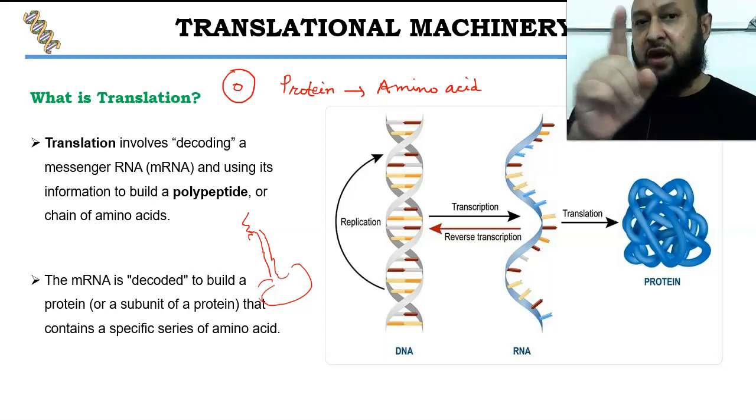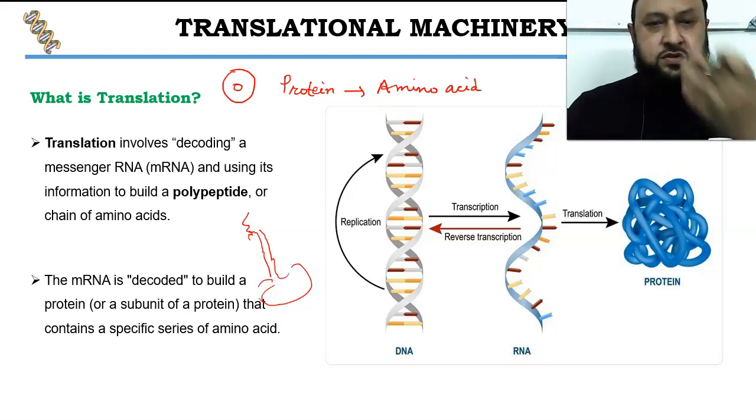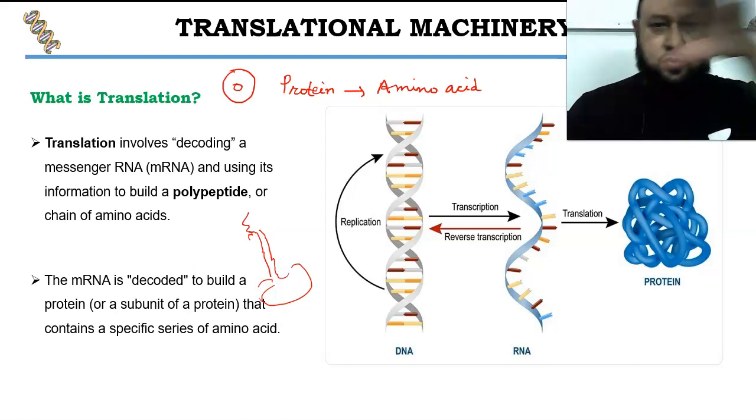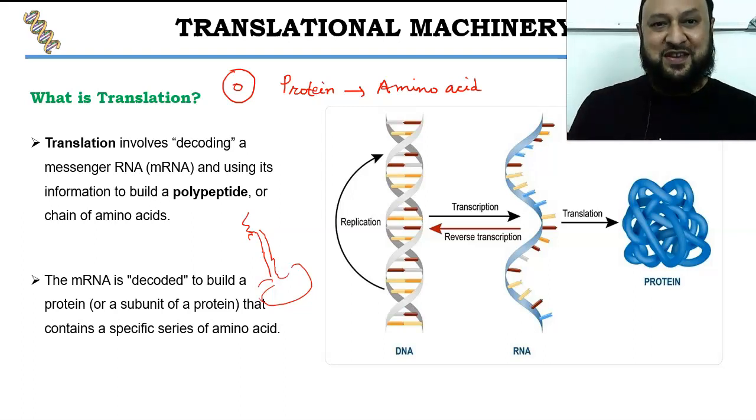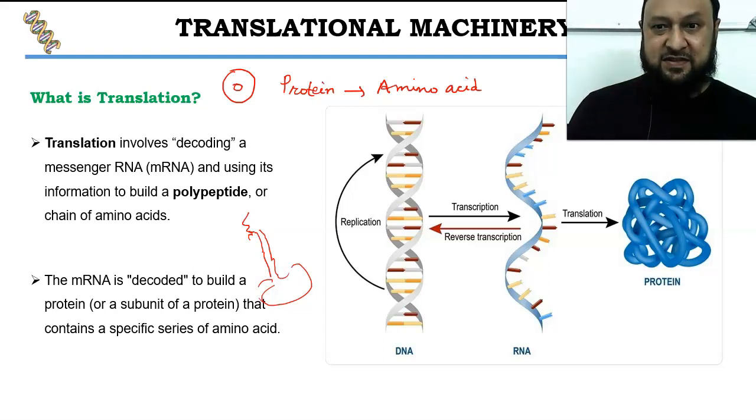Here is the main point you should remember: once this amino acid goes to different cells, it forms a pool in the cytoplasm of the cell, from where the transfer RNA brings the amino acid for the formation of the polypeptide chain.